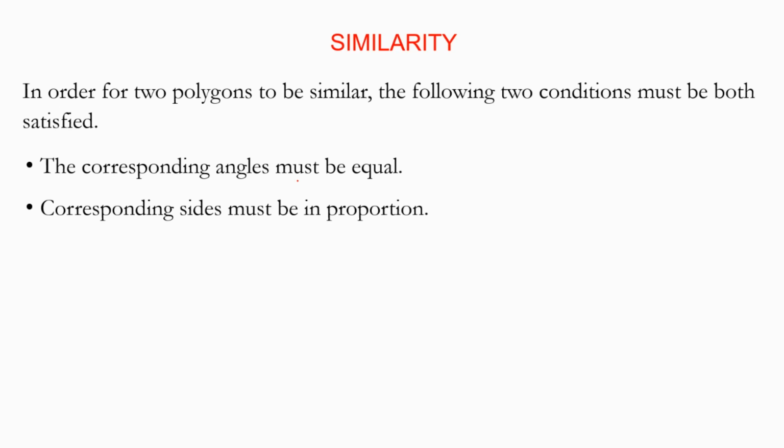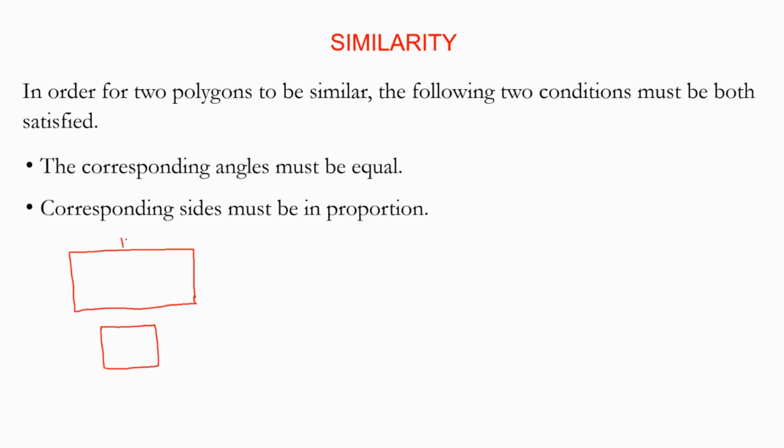Let's take, for example, a quadrilateral, a simple rectangle. We can have a rectangle like this, and then this is still a rectangle. These ones may look similar, but let me use sizes here.